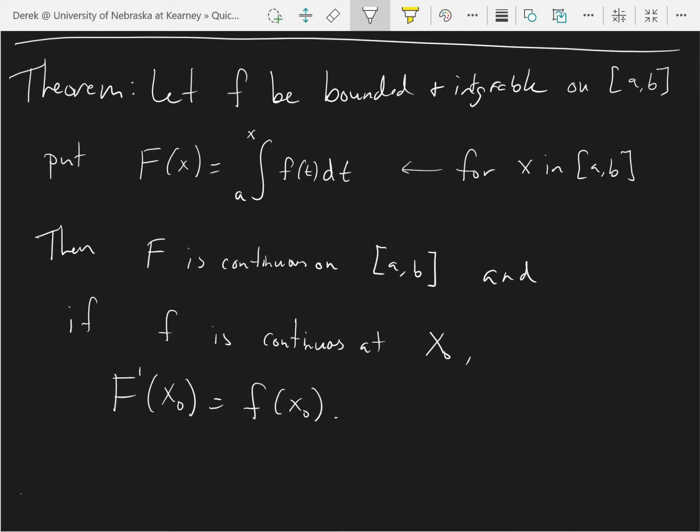So not only is F differentiable at x naught, we know what the derivative is compared to f. So this is the fundamental theorem of calculus. This is the connection between integration and differentiation. At least this is the first part of it in most books. So this is the fundamental theorem of calculus, part 1.